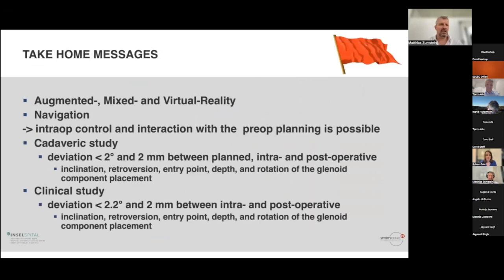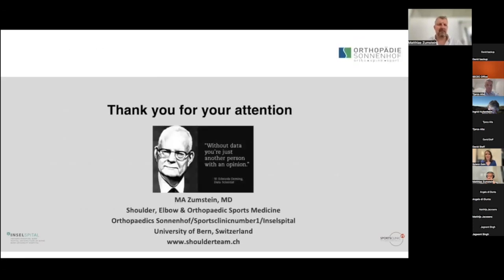So as a take-home message, you have to understand that augmented, mixed, and virtual reality are not the same. Navigation gives an intraoperative control and interaction. In both cadaveric and clinical study, you can be really precise with a deviation below 2.2 degrees and 2 millimeters between intra and postoperatively. Thank you very much for your attention.